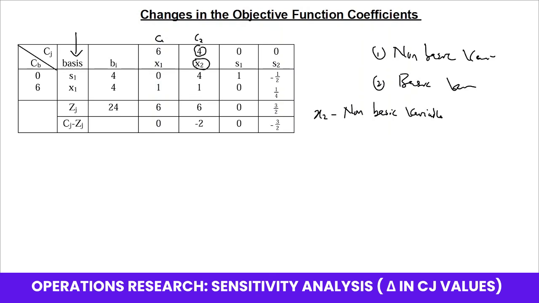So when there is a change in the coefficient of a non-basic variable, this is simple. You just add delta to the C2 value, and it takes effect in the subsequent calculation.